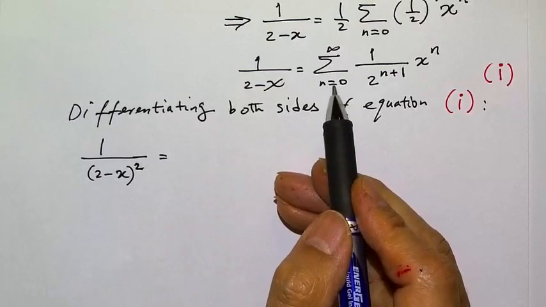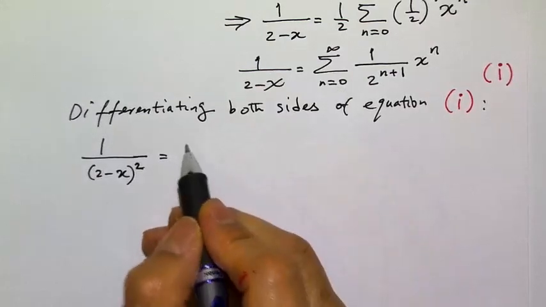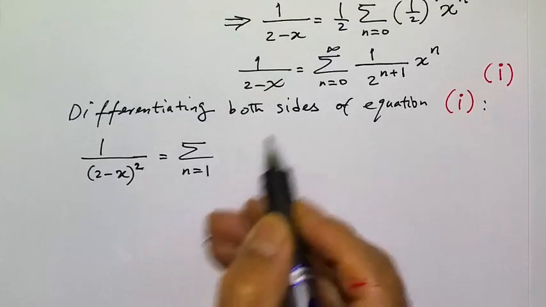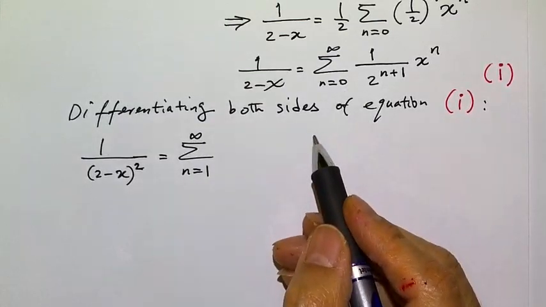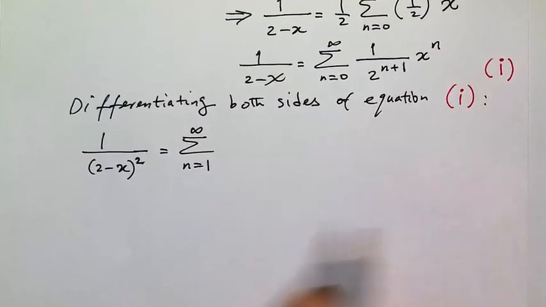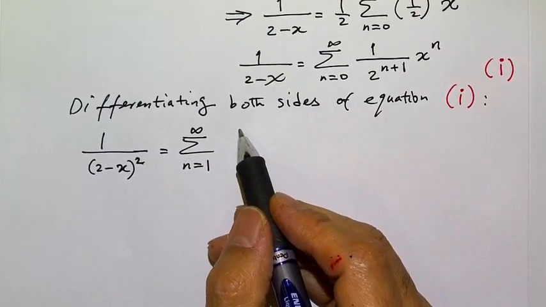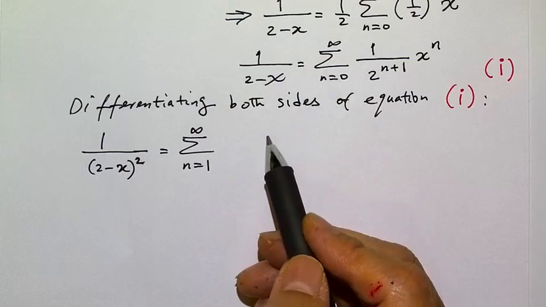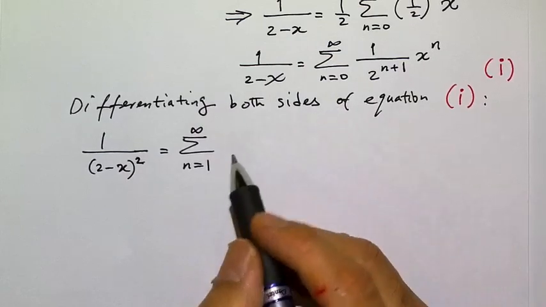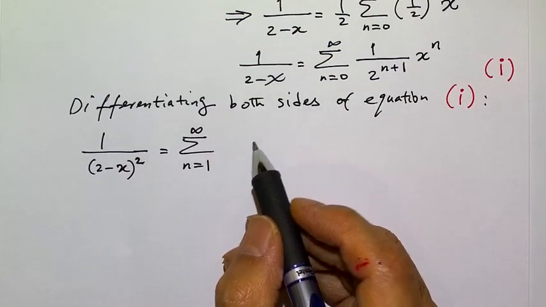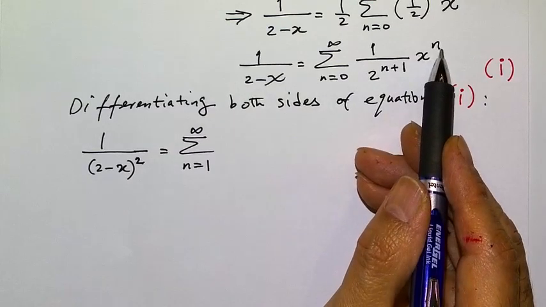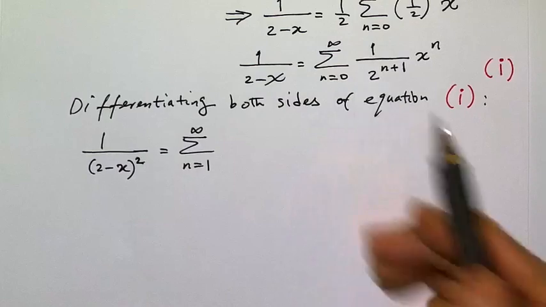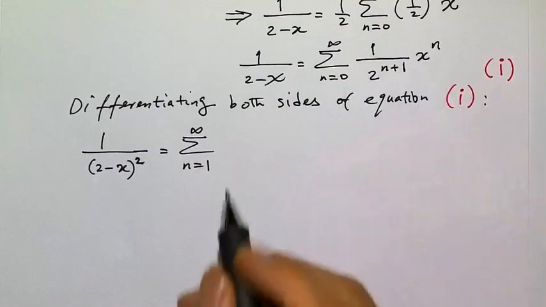1 over 2 minus x squared equals, now we have to differentiate the right side. So this is going to go from n equals 1 to infinity, right? This is what we were talking about on that sheet that talks about the indices of series as we differentiate. And then that becomes n times x to the n minus 1, times all of that, which is considered a constant when we take the derivative.